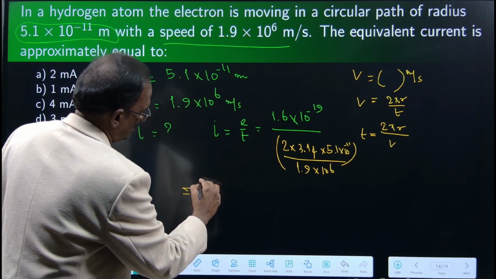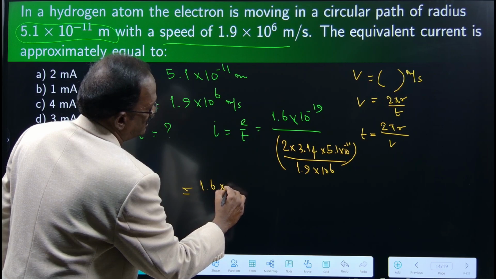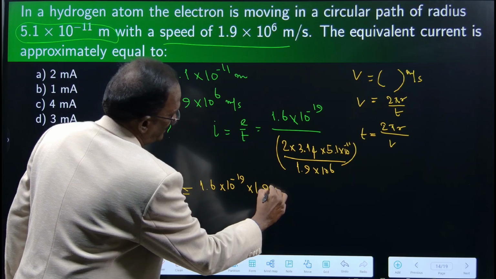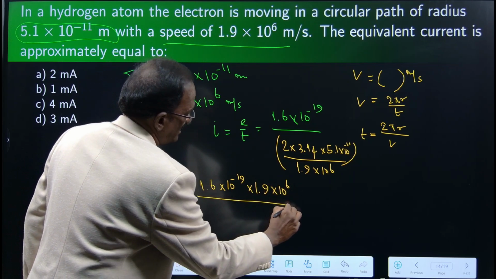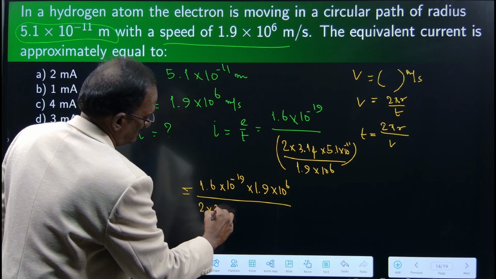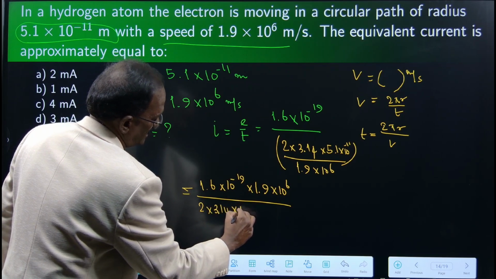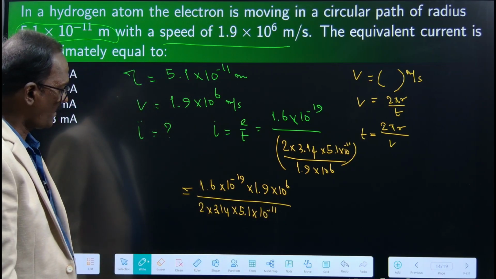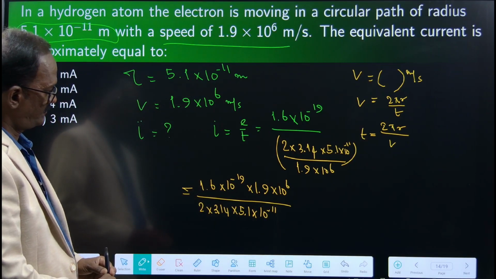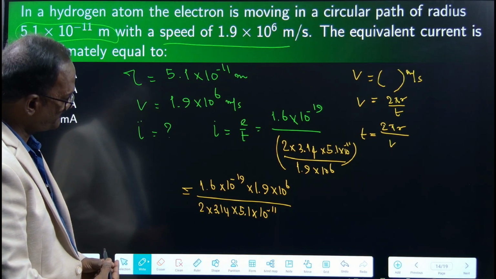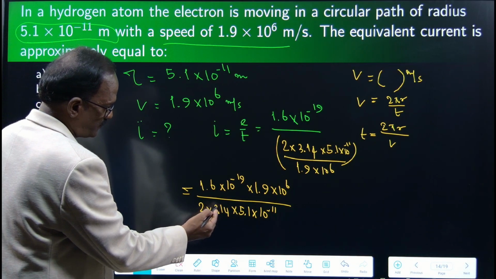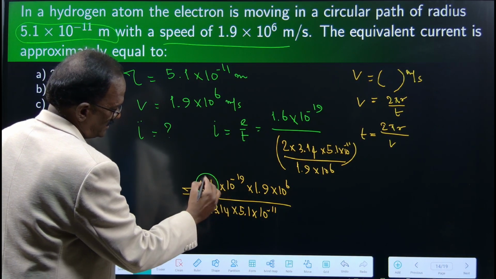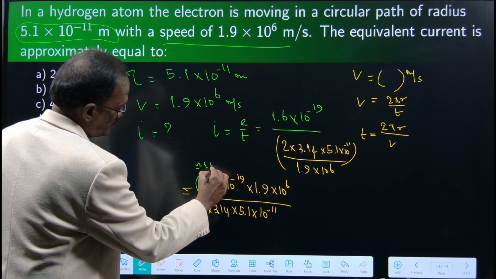This can be taken up. 1.6 × 10^-19 into 1.9 × 10^6 divided by 2 into 3.14 into 5.1 × 10^-11. 1.6, 3.14, this can be approximated as 1.5.